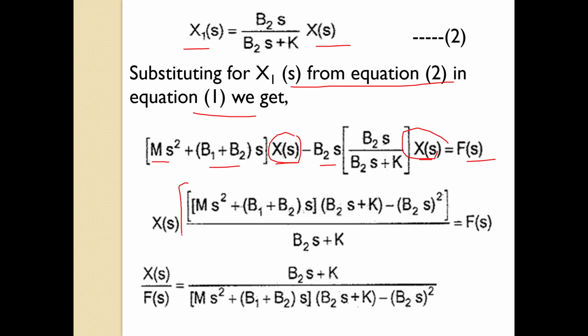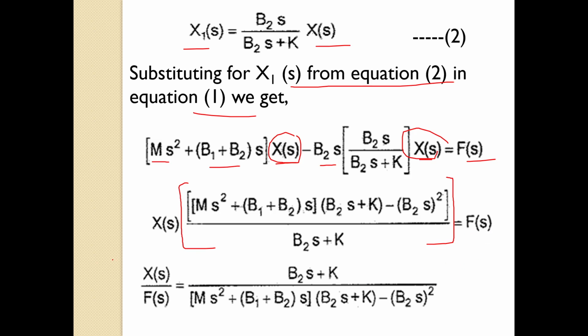So this is it, X of s into ms square plus b1 plus b2 into s into b2 s plus k minus b2 s whole square, whole divided by b2 s plus k is equal to F of s.